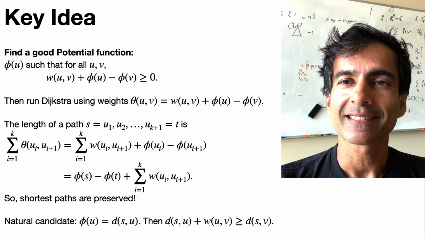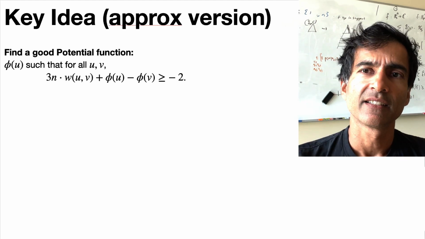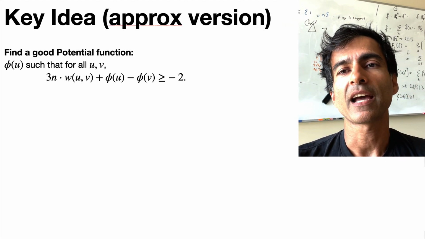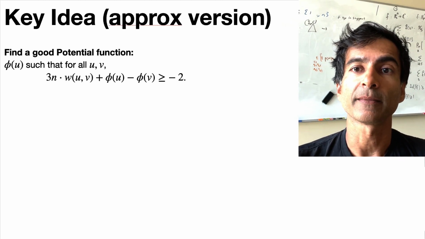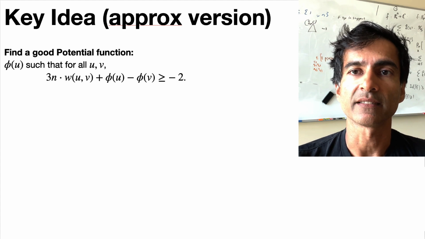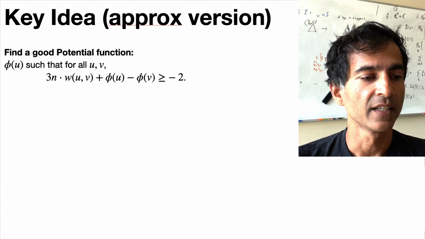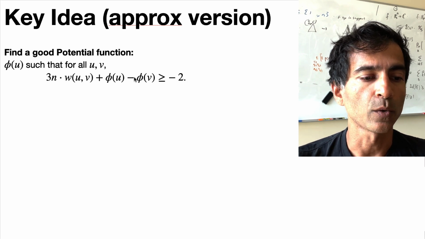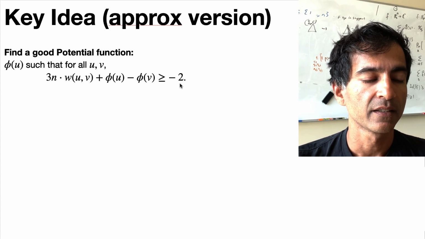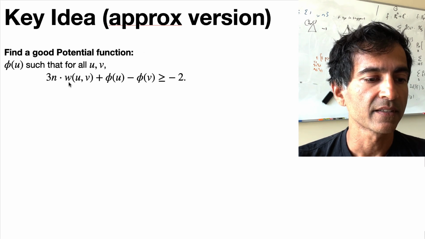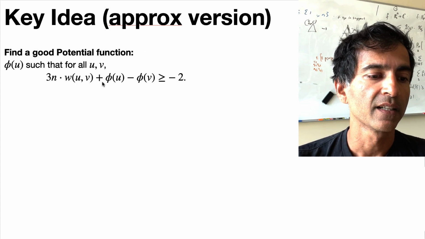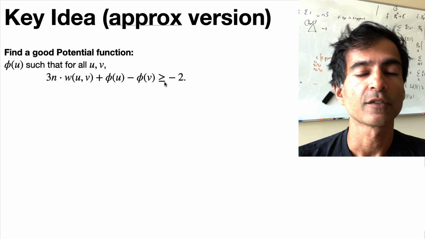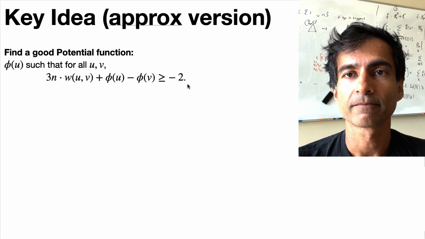Okay, the next iteration on this idea is that it turns out it's enough to have the following approximate version of these inequalities instead, and that's still good enough. So instead of asking for the phi of u from before, it's enough to find phi of u such that this inequality holds for every edge uv: 3n times the weight of uv plus phi of u minus phi of v should be at least minus 2.